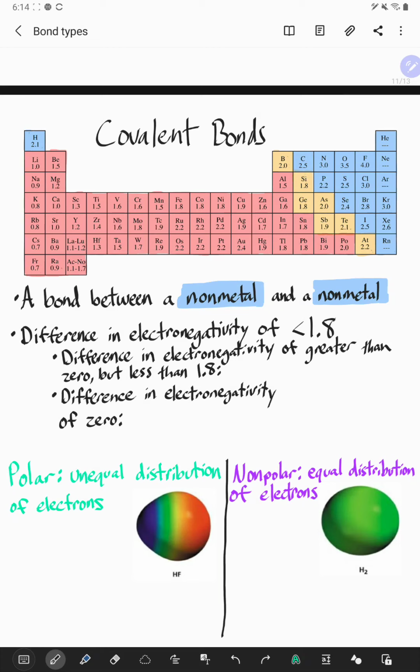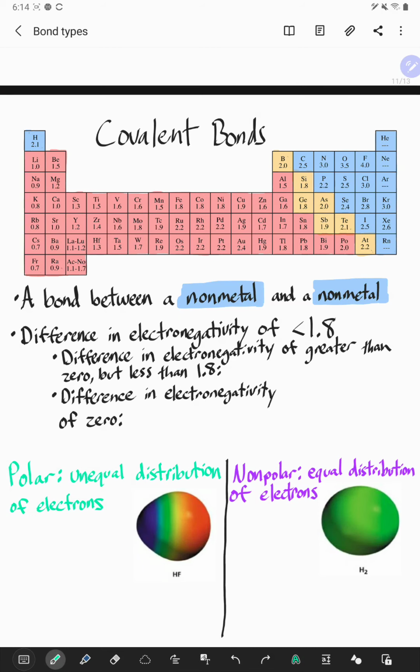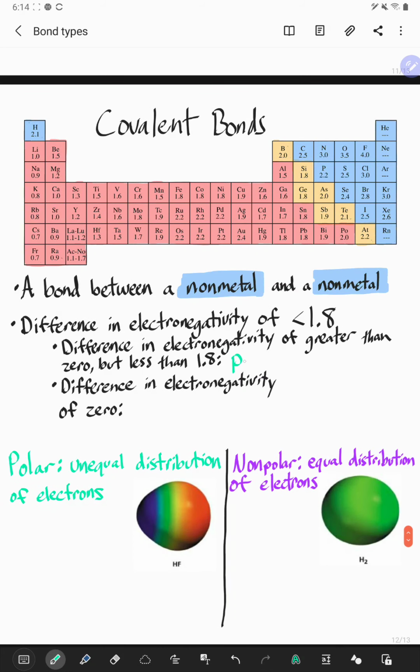There are different types of covalent bonds, and we categorize those based on the level of difference in electronegativity. So if we have some difference in electronegativity, less than 1.8 but greater than 0, we're going to call that a polar covalent bond.